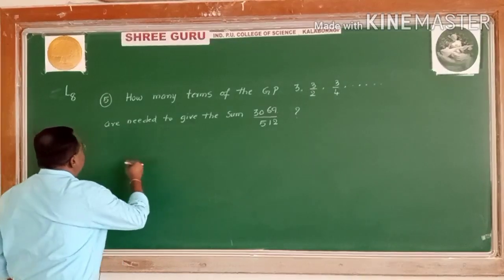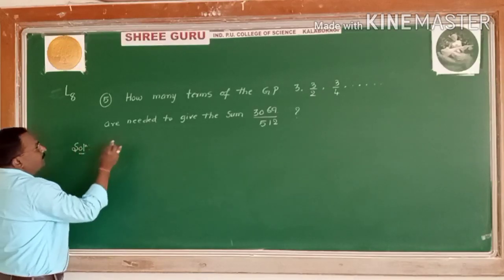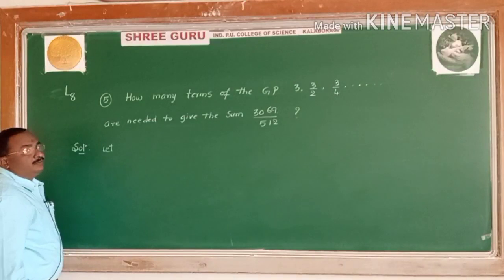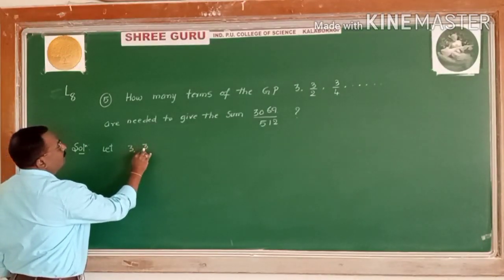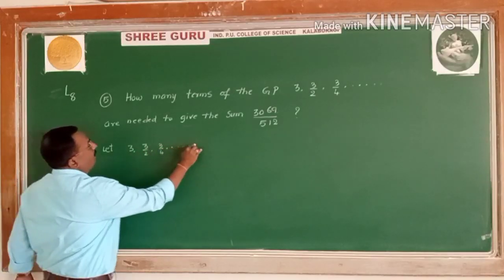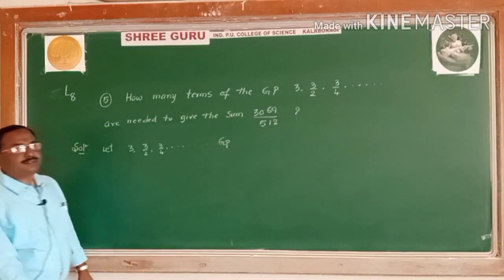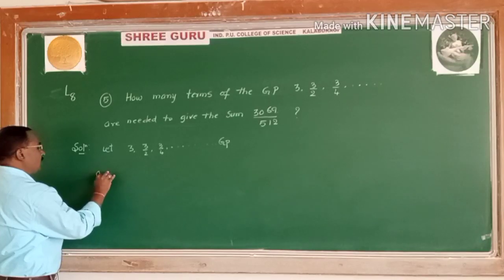Solution. The series is given. Let the terms under the GP sequence 3 by 2, 3 by 4 be needed to give the sum. This is the GP series. Here A is equal to 3.